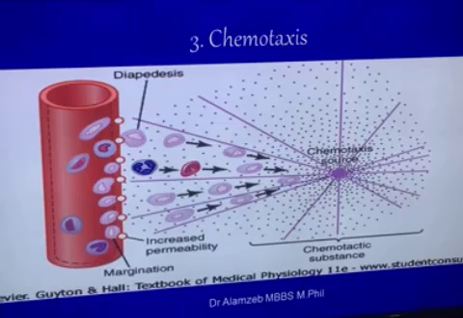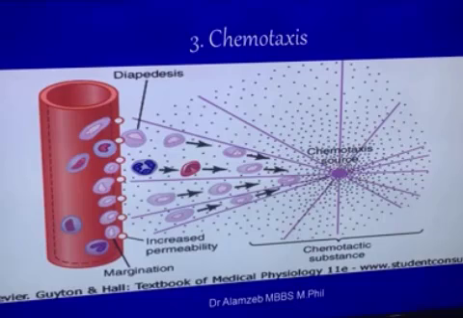Bacteria, viruses, fungus or any other toxic material contain toxins or chemicals which attract the WBC, and these WBCs move into the area where the inflammatory chemicals are present in high concentration. This movement is in the direction of high concentration. This is called uphill movement of the WBC against the concentration gradient.